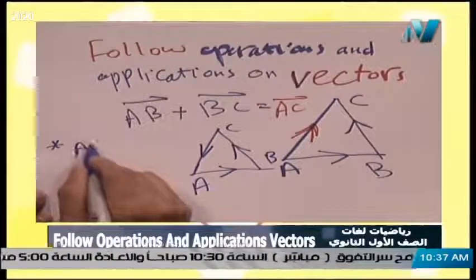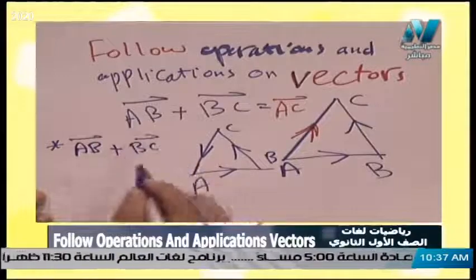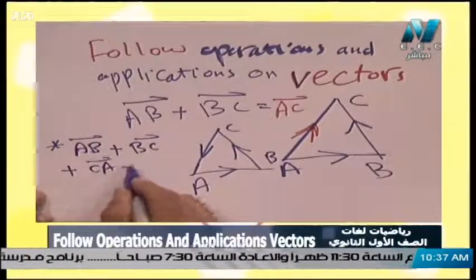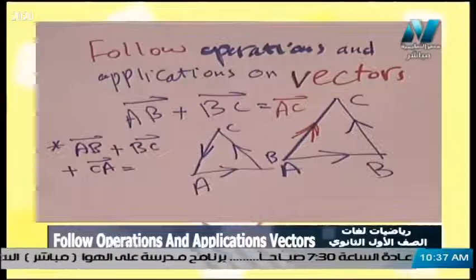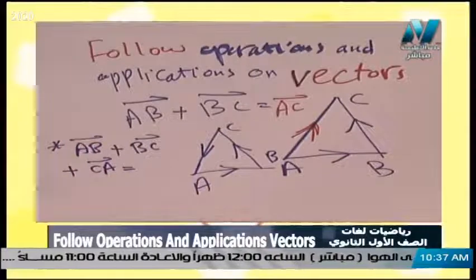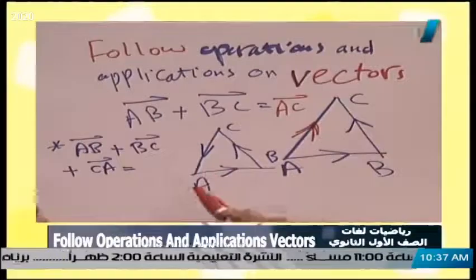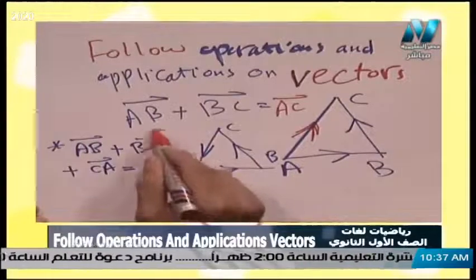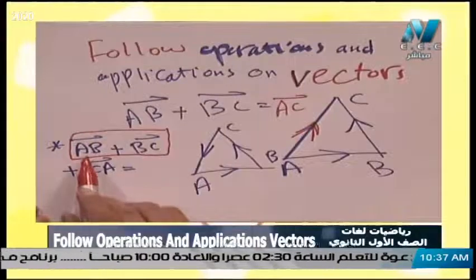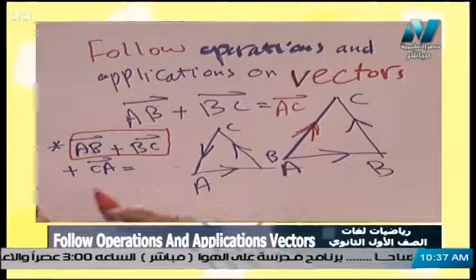What about AB plus BC plus the vector CA? What is the result? Look carefully at this triangle. We have said before that AB plus BC equals AC. So we can substitute the vector AC instead of AB and BC.